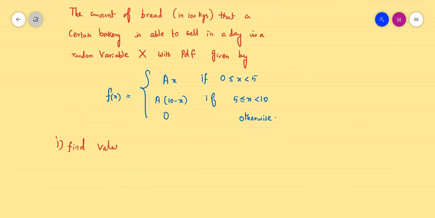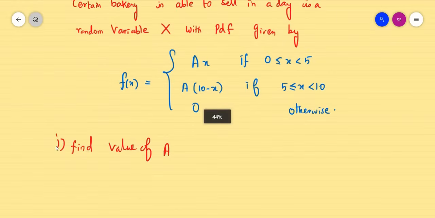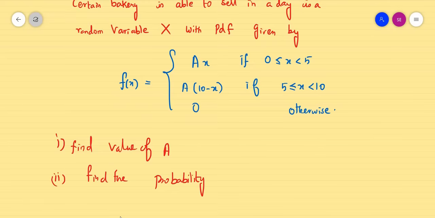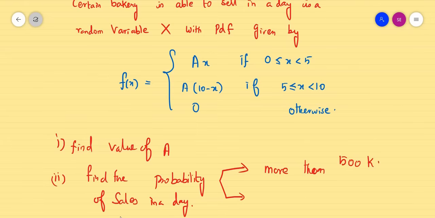Okay, so now the questions are coming. Find the value of a. Obviously this is the first question. And second question, find the probability. In the second question I have 2 subdivisions. Find the probability of sales in a day more than 500 kg, less than 50 kg, and between 250 and 750 kg. All are probabilities, right?